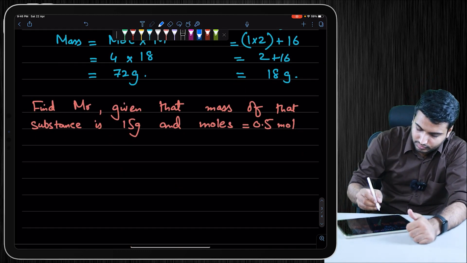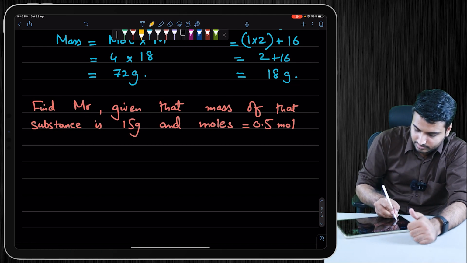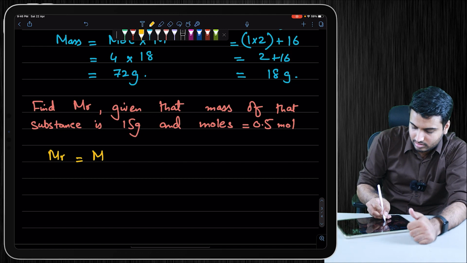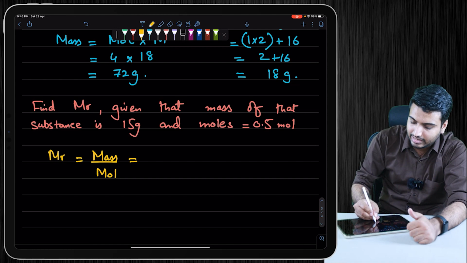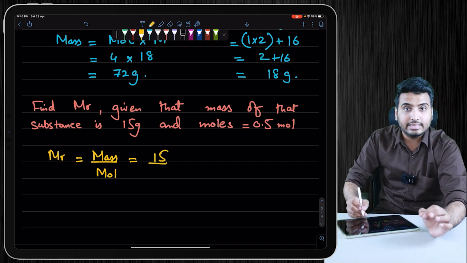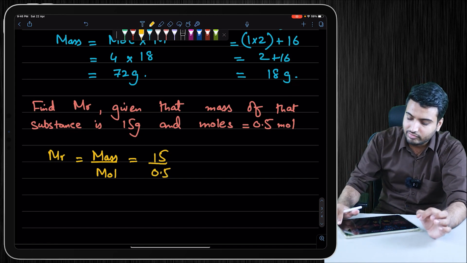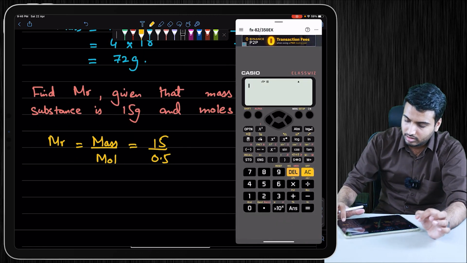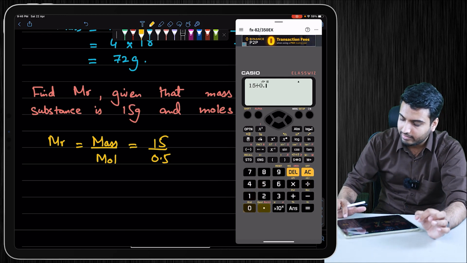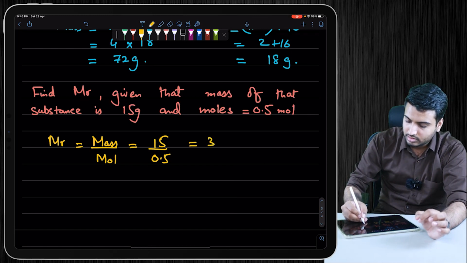Alright. So first of all, we write the formula for Mr, which is mass divided by moles. Given mass is 15, and the given moles are 0.5. So when we divide 15 by 0.5, we get the required Mr, which is 30.